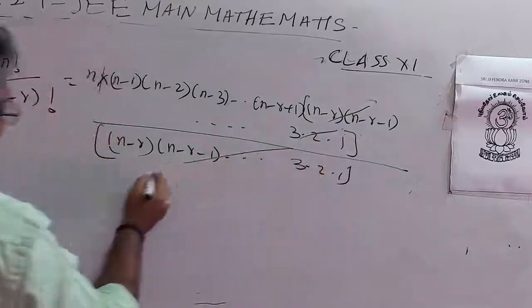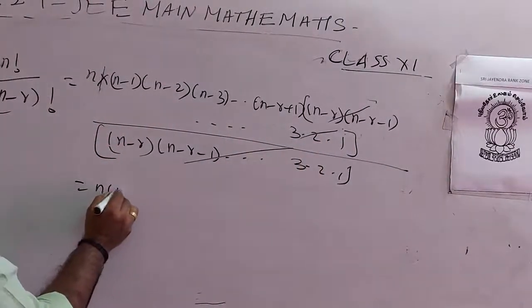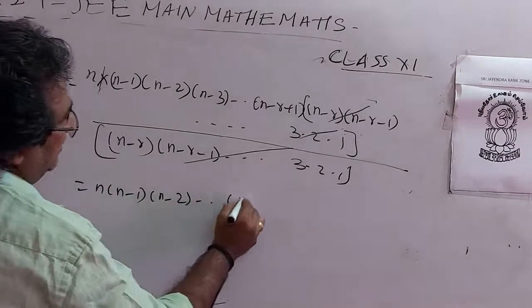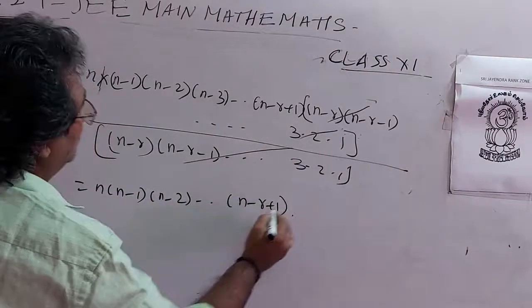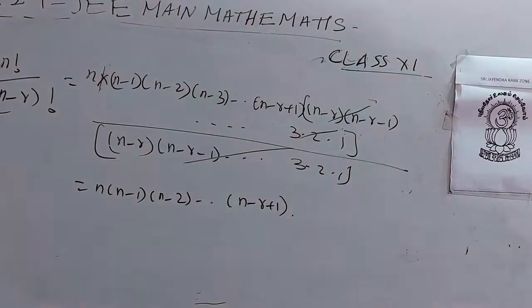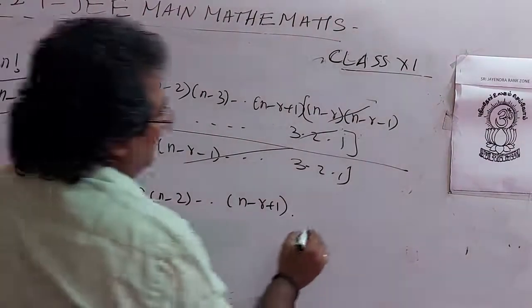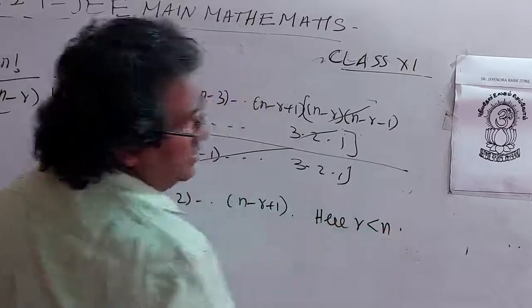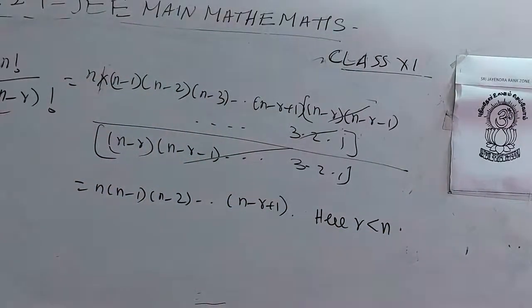So this term will be cancelled. n into n minus 1, etc., n minus r plus 1. So n factorial by n minus r factorial means n up to n minus r plus 1. Here r is less than n.